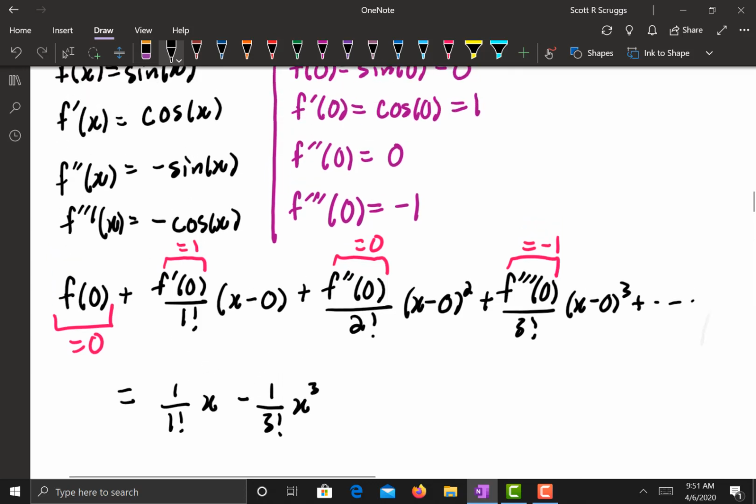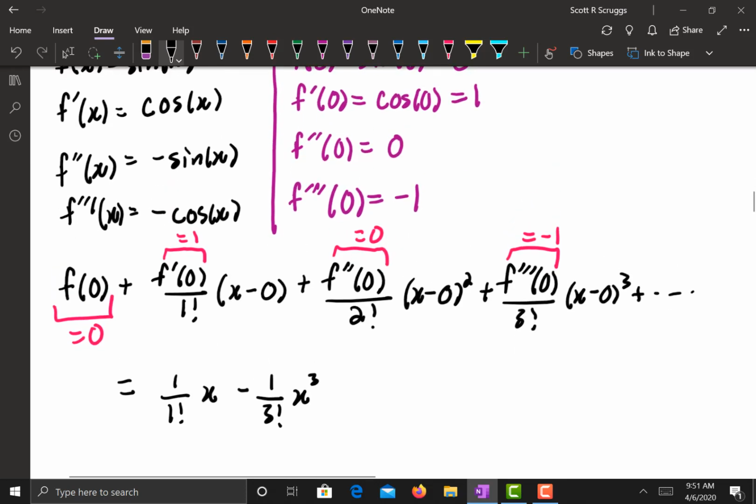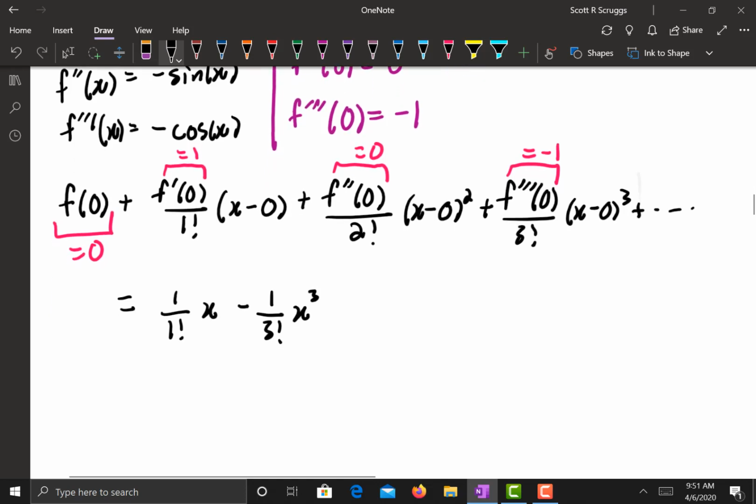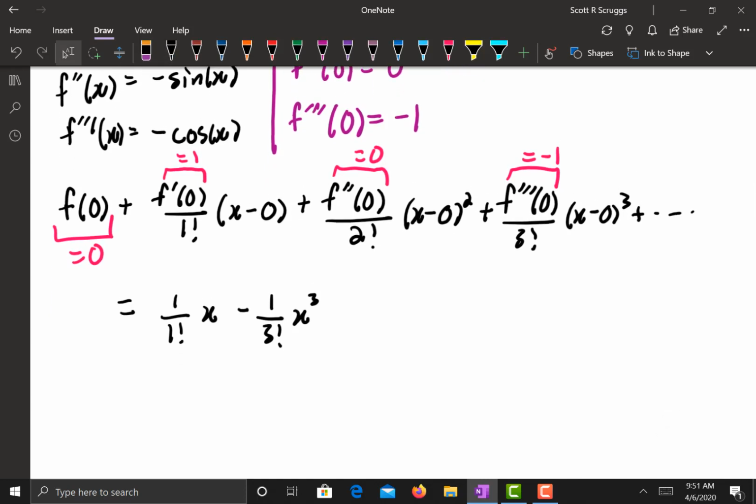And because the fifth derivative means I'm back at the first derivative, because remember, fourth derivative of sine, I get back to sine, that means the fifth derivative is equivalent to the first derivative, which is cosine, which means I expect that if I kept going to the fifth derivative, that will be my new coefficient.